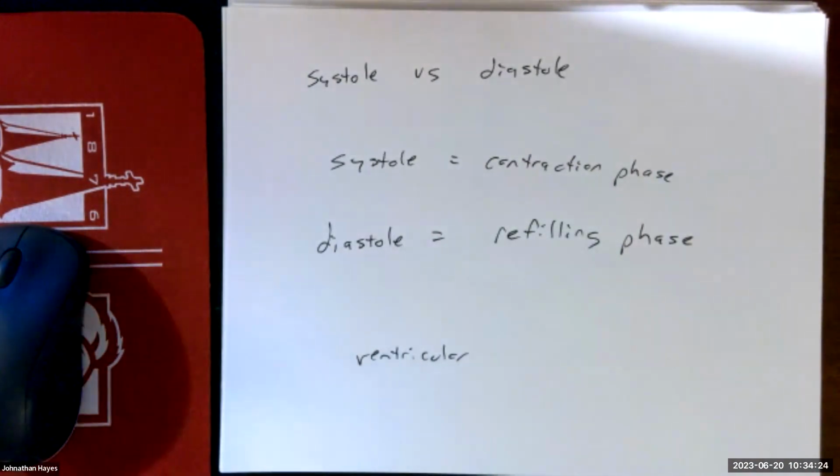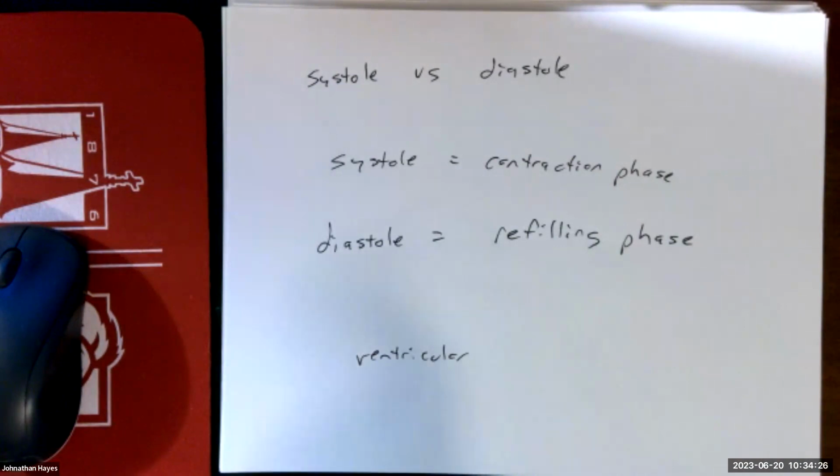But if I'm talking about atrial systole, then I would have to put the word atrial there to include that. And there's a good reason for that. Hopefully we don't need to get that complicated. But by themselves, if I just see the word systole and diastole, it's just referring to ventricular systole and ventricular diastole.